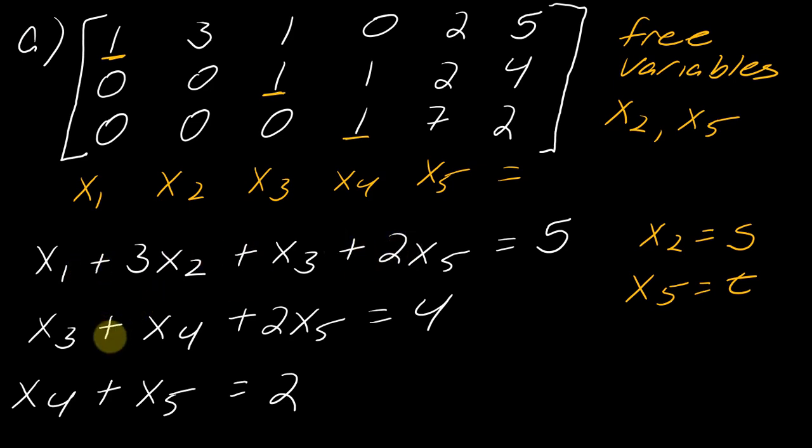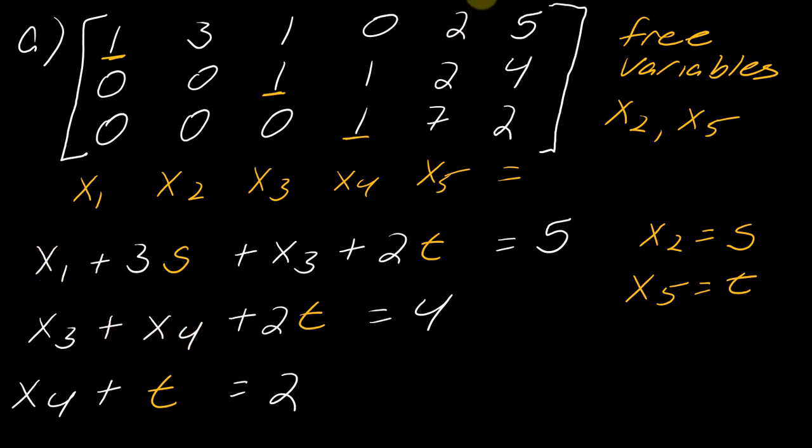Now when I look through these equations I can replace them: my x2 was an s, and my x5 was a t. The reason I like this system is it makes it a little easier to figure out what I'm solving for.